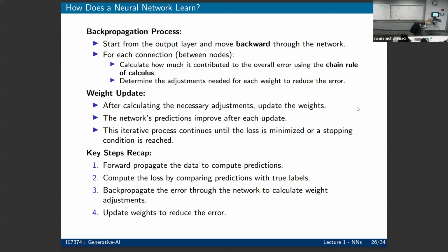From the prediction, where the error was, you propagate all the way to the first layer, get all those updates, and then update all together. You don't do a sequential update. You go all the way to the end, update the parameters using gradient descent, for example, and then you continue with the next forward pass and backward pass.